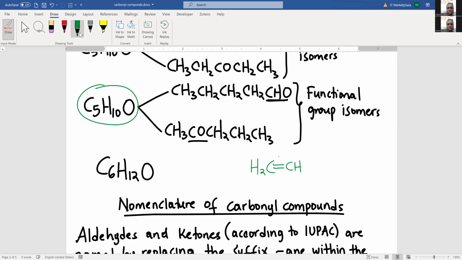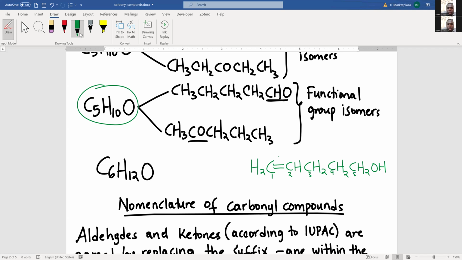CH2, CH. Count the carbon atoms. This is 1, 2, 3, 4, 5. There are 5 carbon atoms.